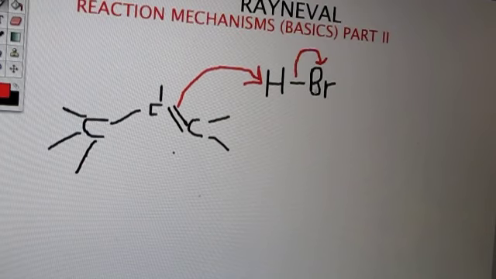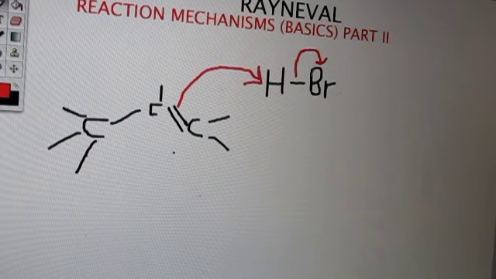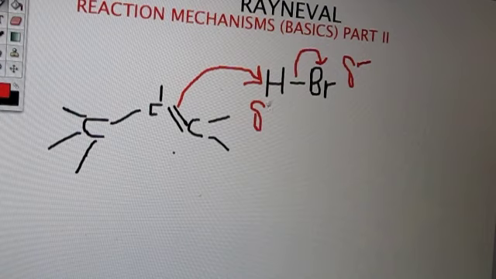And something that I missed last time to talk about quickly is this here. If you look at the periodic table, the electronegativity will show that this bromine is more electronegative than this hydrogen, and so it's given the delta minus, and this is given the delta plus because it is less electronegative.